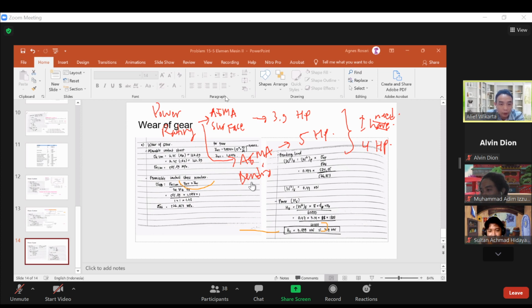The 4 is higher than 3.9, the power rating from AGMA surface. Will it fail or not, Magnus? Is it okay or not? Maybe it's still fine, but over time it may eventually fail. Because the numbers 4 and 3.9 differ only slightly. If the number were 4.8, it would be the same. Okay, it will eventually fail.